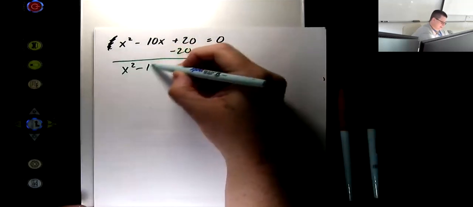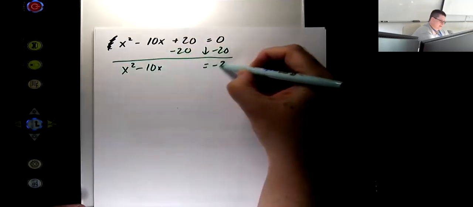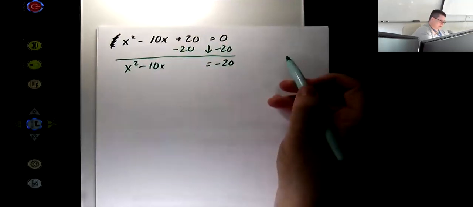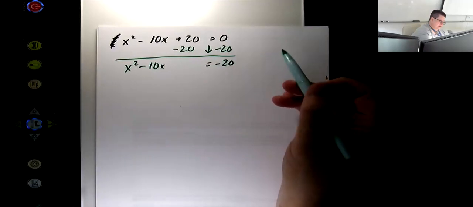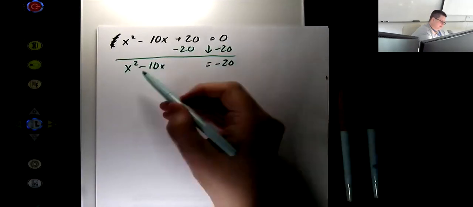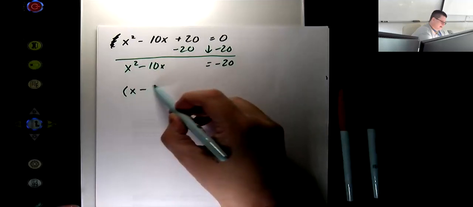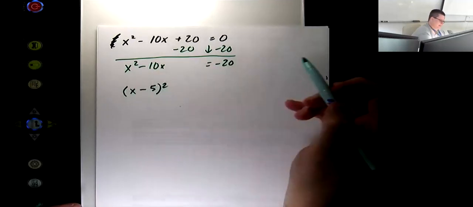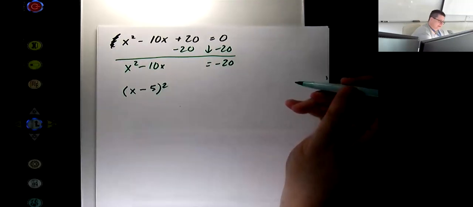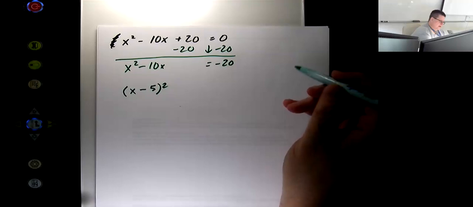And then I brought down the x squared and half of 10x, which I got x minus 5 squared. And then that turns the equation to x squared minus 10x plus 25.